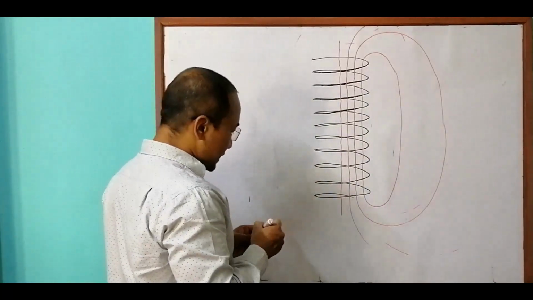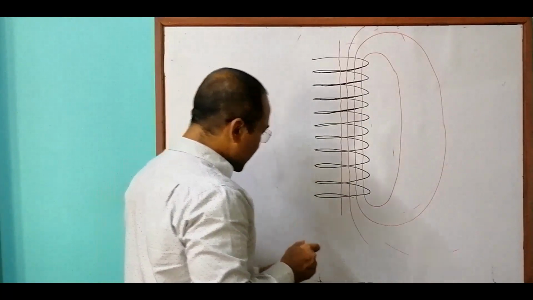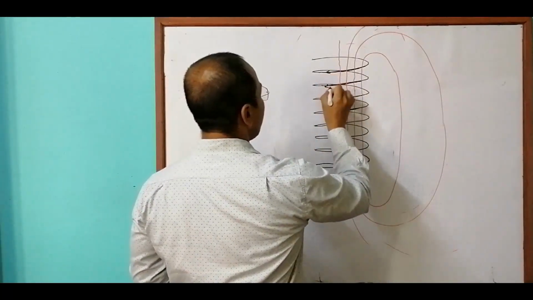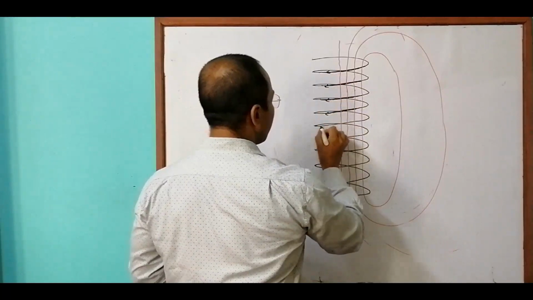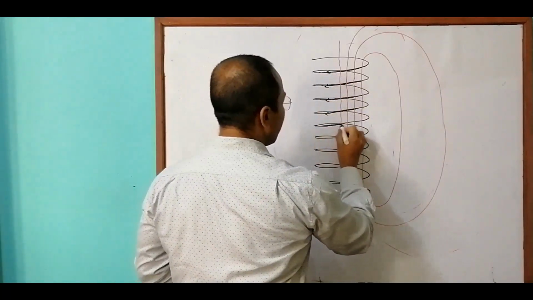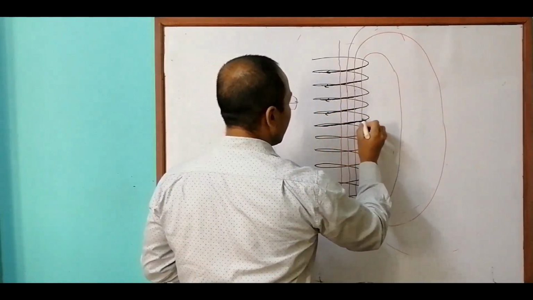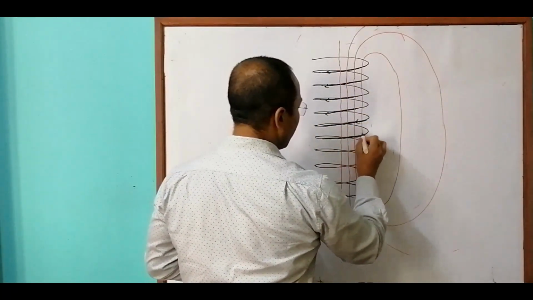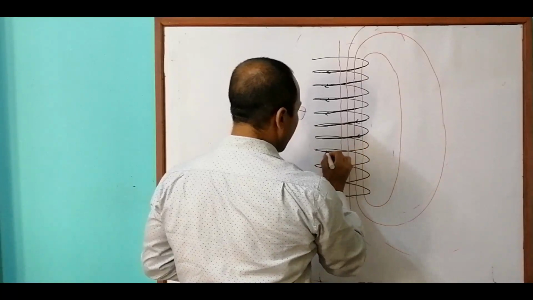Now what happens is, let me say the current is flowing in this direction. Current coming in this direction, this direction, this direction, this direction. Let me draw this, thicker in this direction.